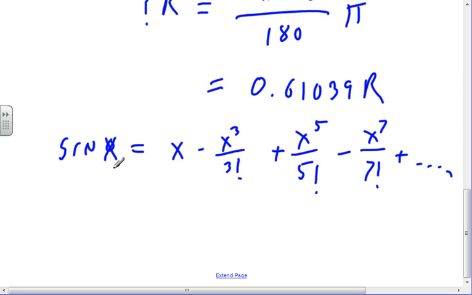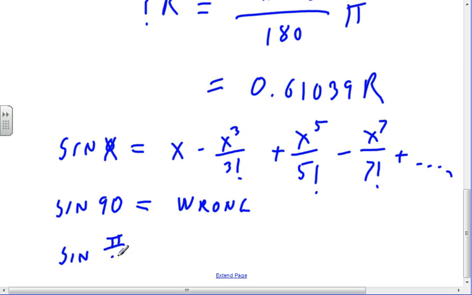Now, if I put in x here, if I try to find the sine of 90 degrees, I'll get the wrong answer, because this particular expansion has to have radians. So how many radians are there in 90? So this would be the sine of pi over 2. So the sine of pi over 2, and then those x's could be pi over 2, and then I'd get the right answer.